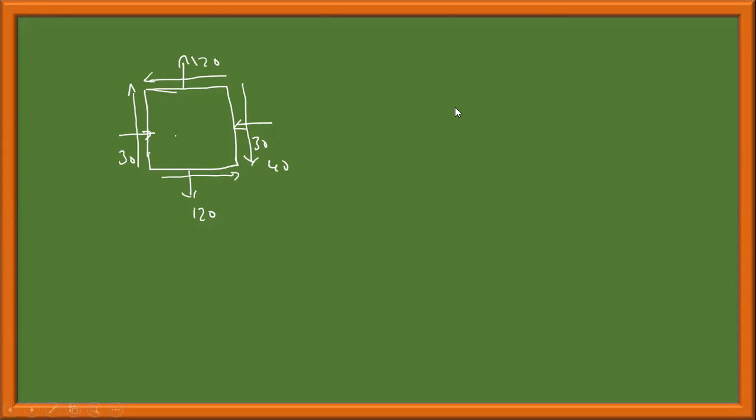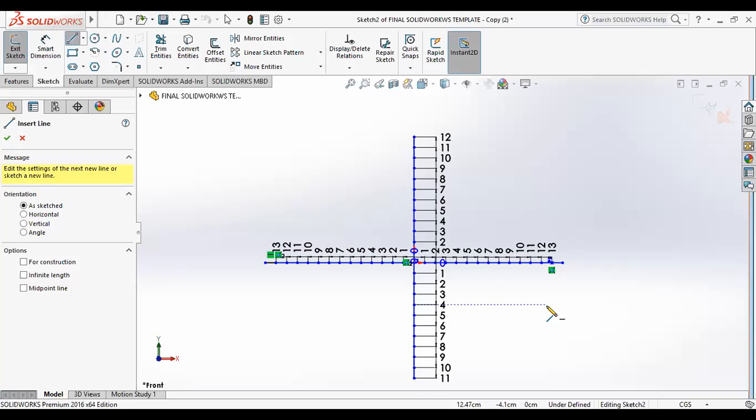Next, we need to plot using Mohr circle. First, this is sigma negative. Let me take that. Sorry, sigma positive.